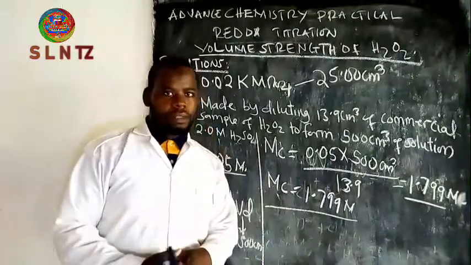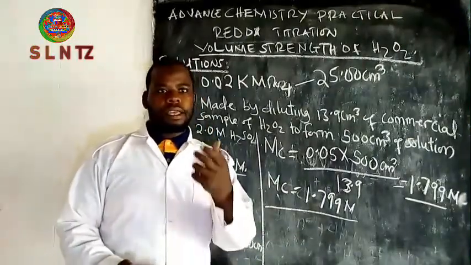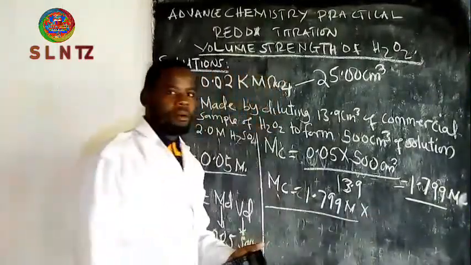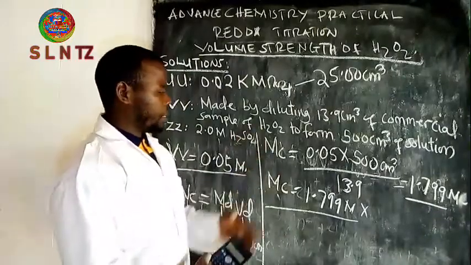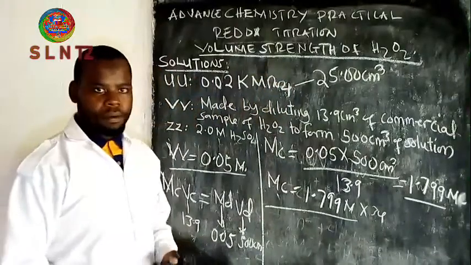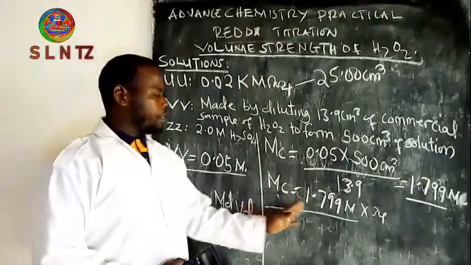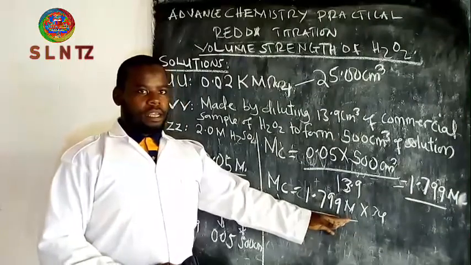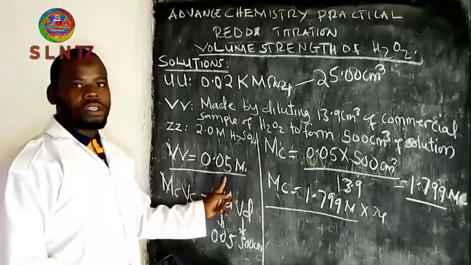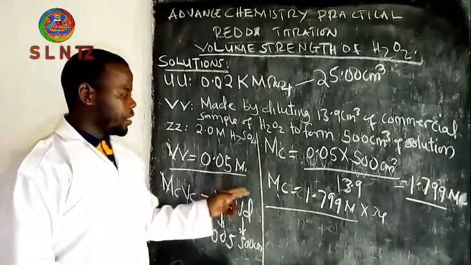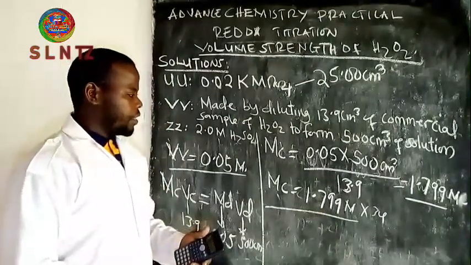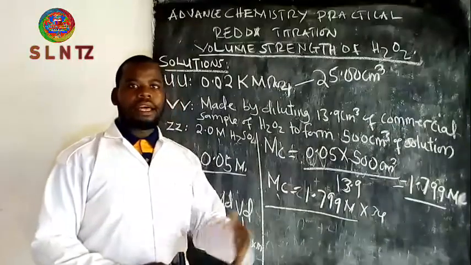So after reaching here, if you are asked to calculate the initial concentration, it will be times the molar mass of hydrogen peroxide, which is 34 grams per mole. Times this one will give the initial concentration, but this was the final concentration after dilution, because the initial concentration will be higher than the final.